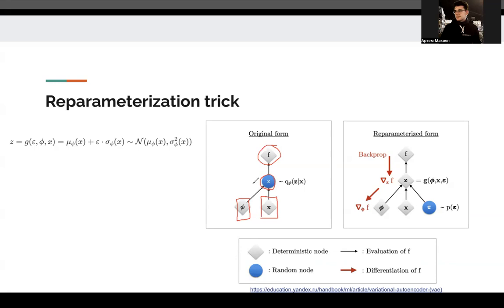How can we use, for example, SGD, stochastic gradient descent, to optimize phi? We can optimize the decoder because it comes after that. But how to optimize the encoder?